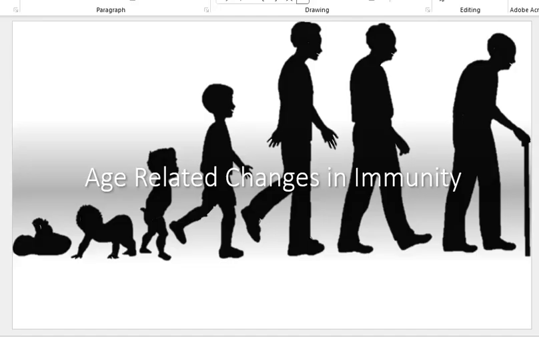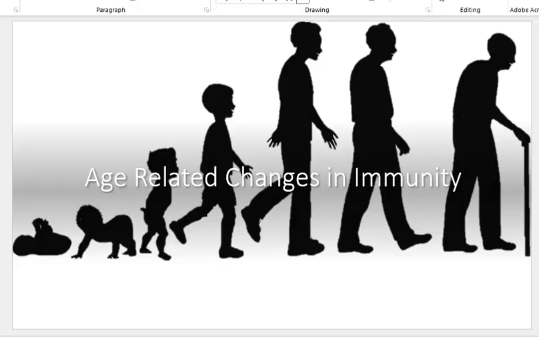Age-related changes in immunity. As we get older, the risk of autoimmune disease and infection increases. The function of the normal flora of our skin is decreased.